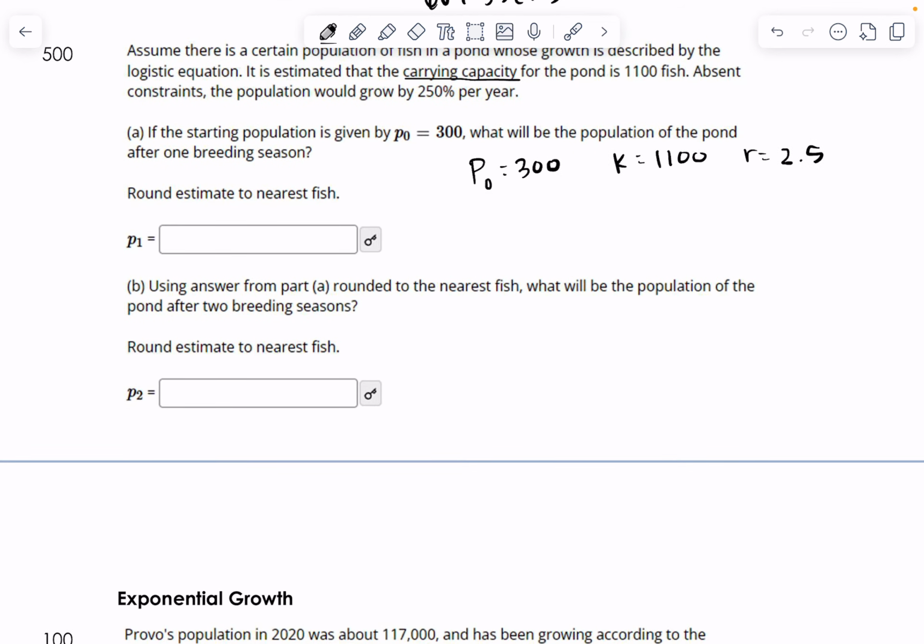The formula on the formula sheet is P sub n equals P sub n minus 1 plus R times 1 minus P sub n minus 1 over K times P sub n minus 1.